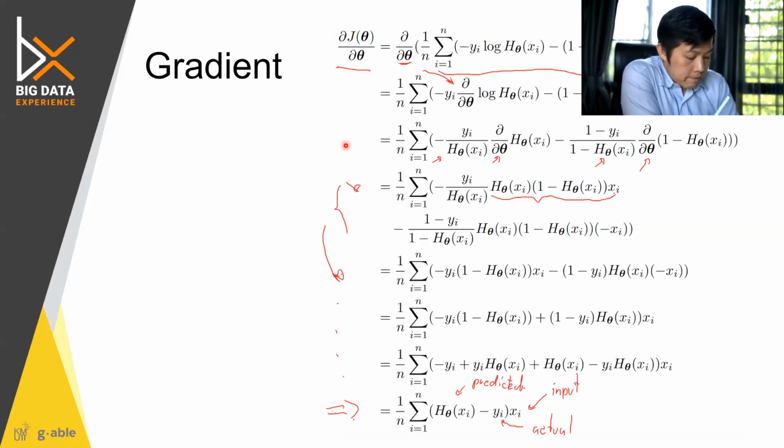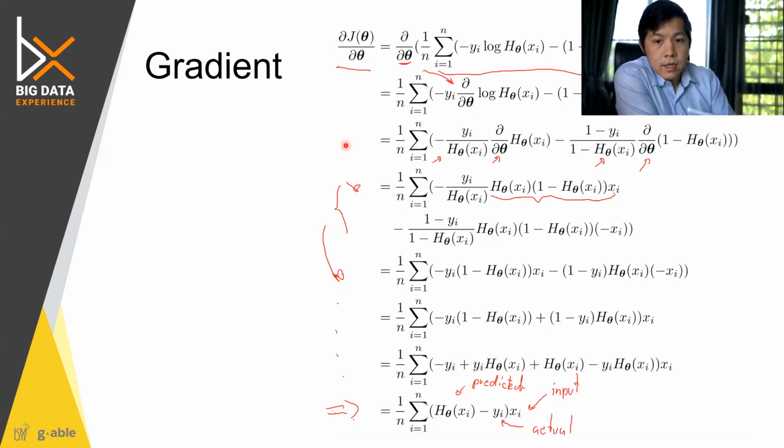So the predicted minus actual tells you the direction, whether you overestimate or underestimate, then you can adjust. And then x tells you whether you are right now going up or going down, in the positive or negative realm, right?